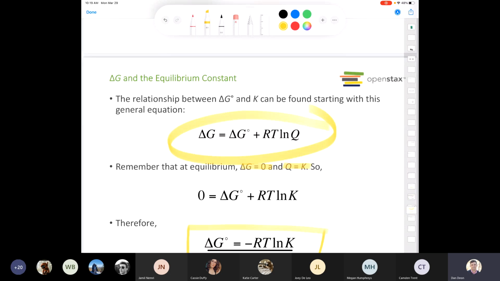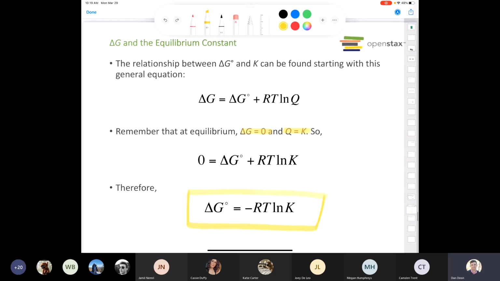Let me be honest with you guys. When I was a student, one mistake I made on an exam, and I made it the hard way, and I probably made it again. I'm not perfect, that's for sure. I remember I had done a lot of practice problems where I had used this equation over and over. I was doing all kinds of problems where I was solving for delta G naught.